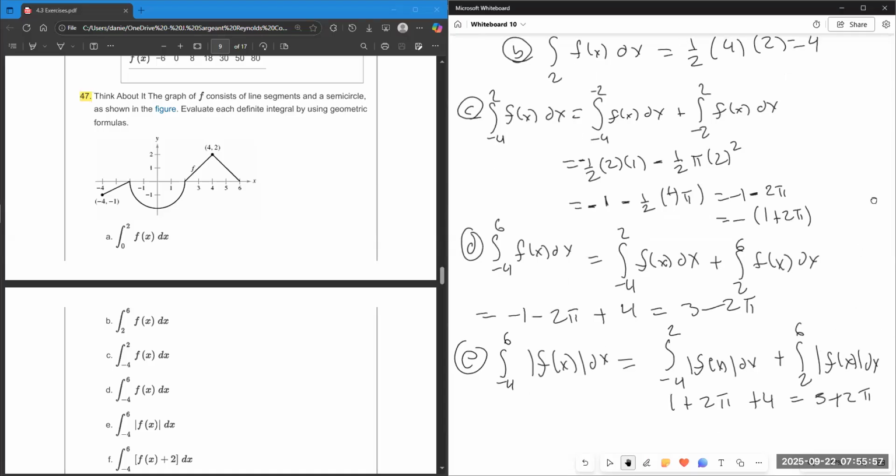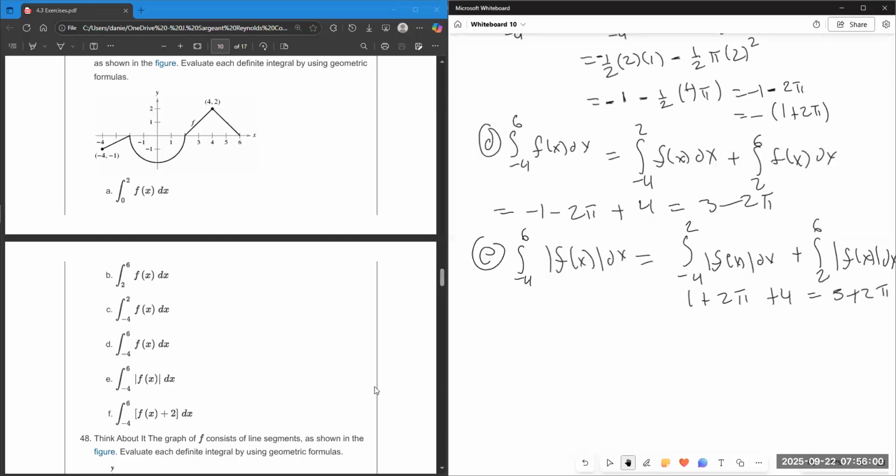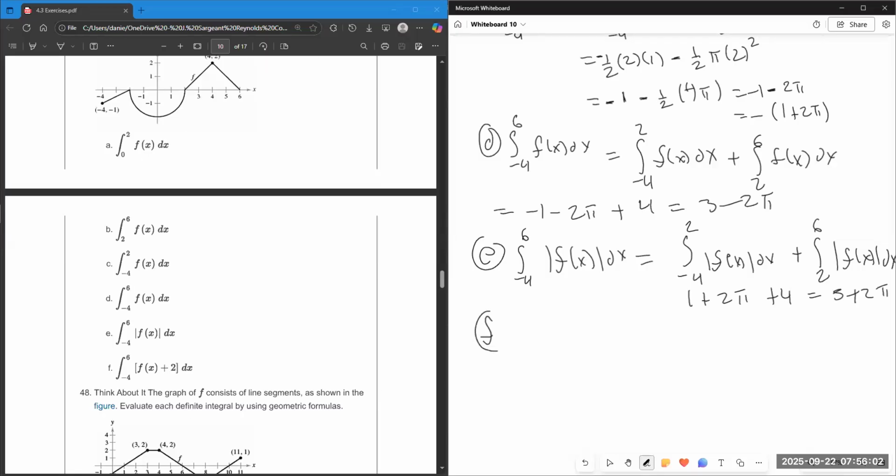And our last question here for part F is -4 to 6 of, and then these are brackets, f of x plus 2, like that, is going to give me -4 to 6 f of x dx plus 2 integral -4 to 6 dx.